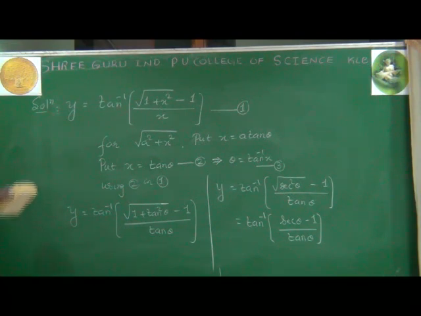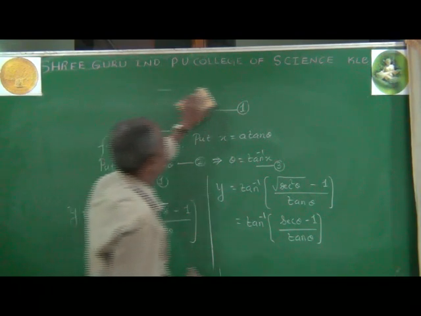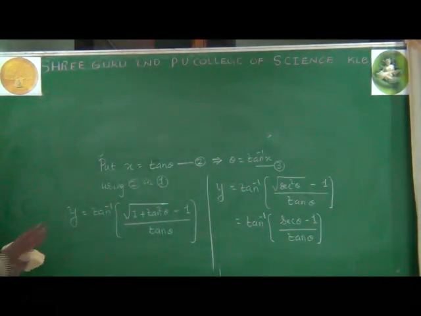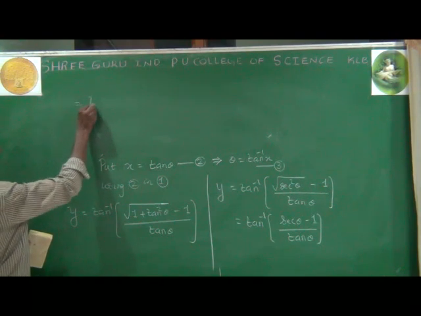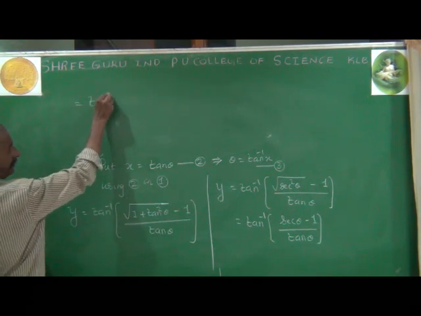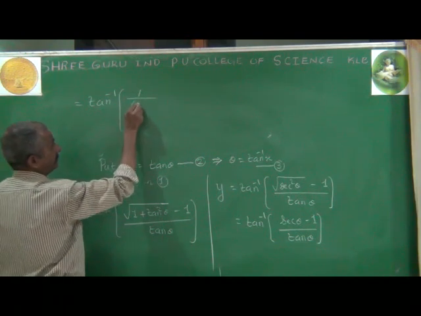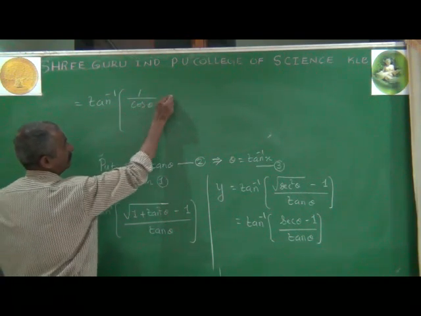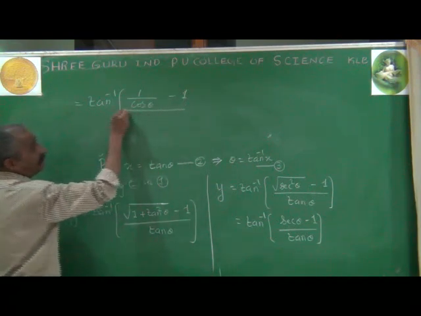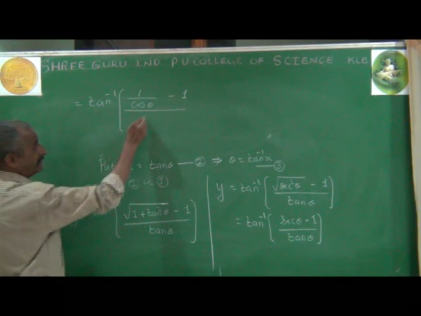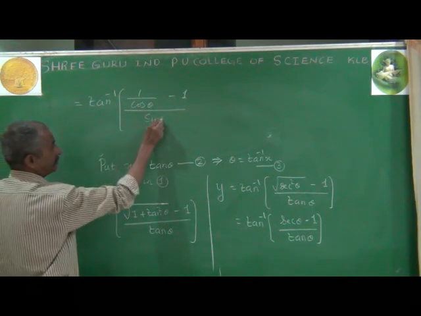On further continuation, the next step is tan inverse of the bracket secant theta, meaning 1 divided by cos theta, minus 1 remains the same, whole divided by tan theta, meaning as usual sin theta divided by cos theta.